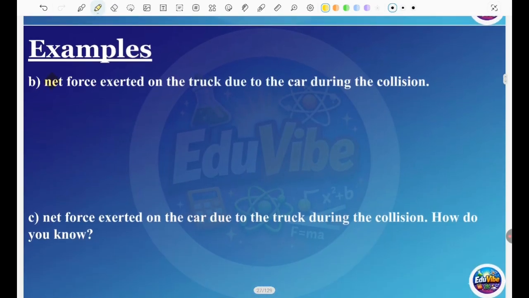Next, you have to find the net force exerted on the truck due to the car during the collision. For the net force, you have a formula from the same concept.